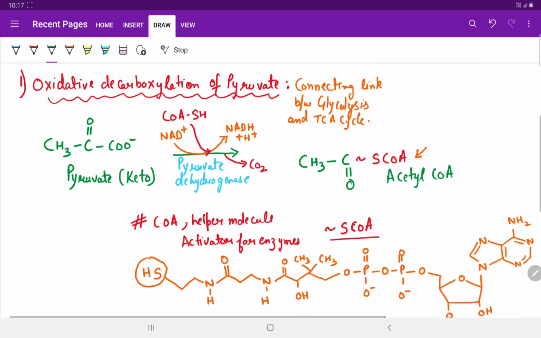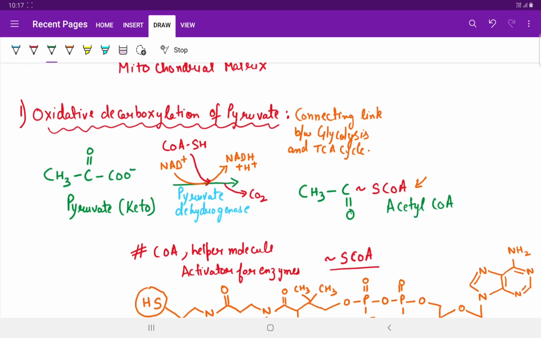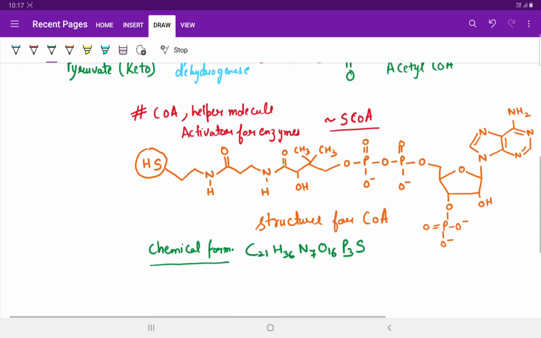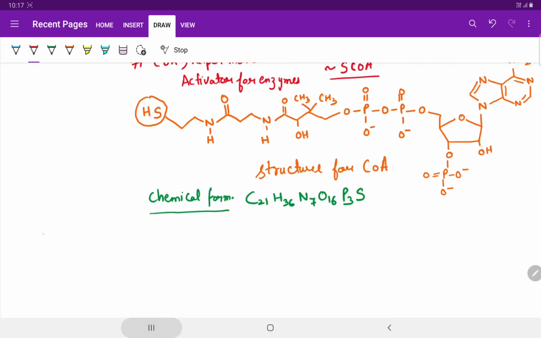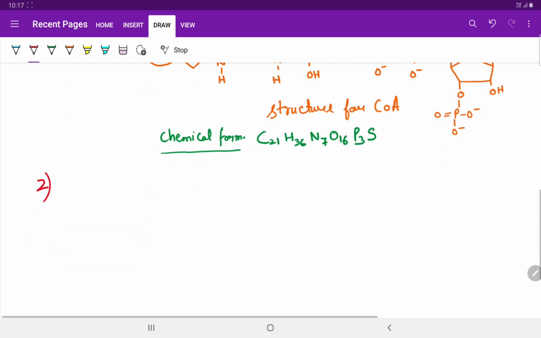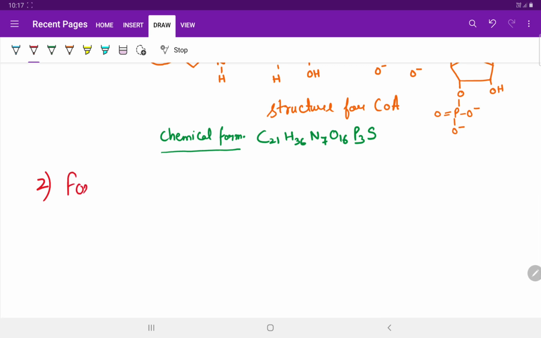Now let us start with our second step of the TCA cycle, which is the real step of the TCA or the Krebs cycle. From here starts the TCA cycle, that is the formation of citrate. Now we shall be forming the citrate molecule.